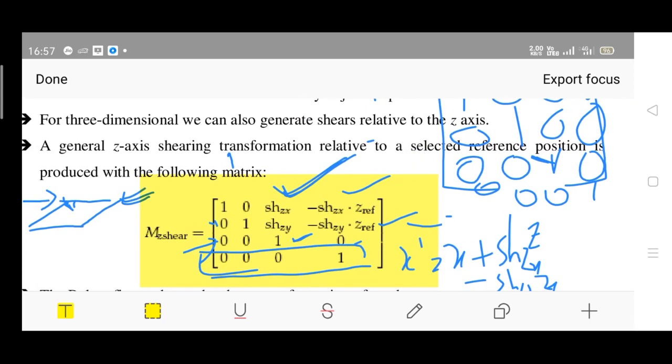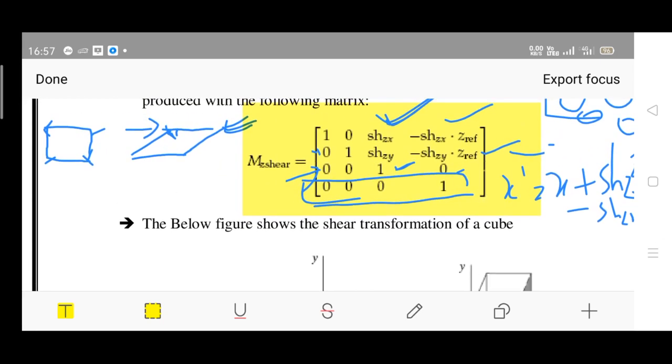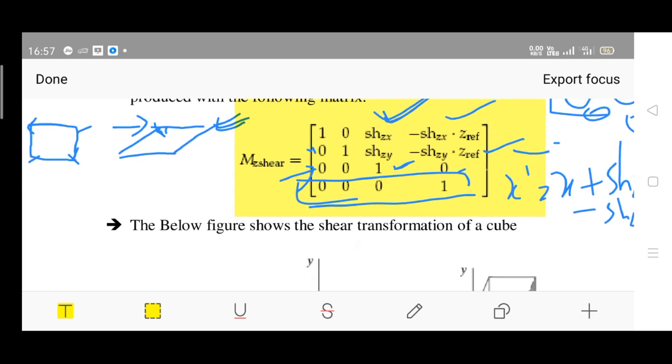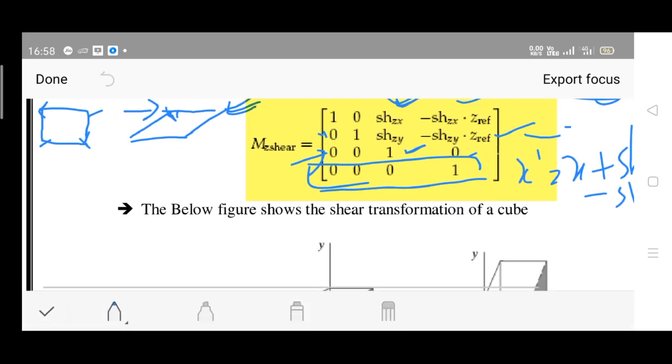How to write the matrix content? To write the matrix content, either you need to know the equations or just remember the contents of the equations. There will be three different equations you will be getting: x dash, y dash and z dash. So x dash equal to, please watch my previous videos with respect to 2D shear concepts. So x dash will be equal to x plus the coefficient of z, there is no y term.